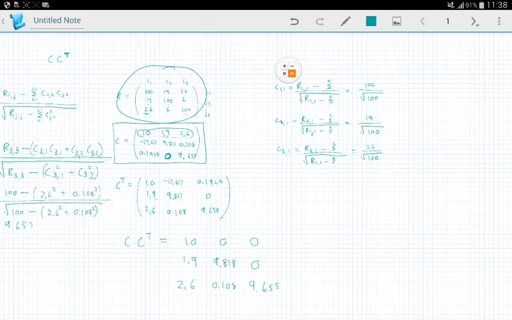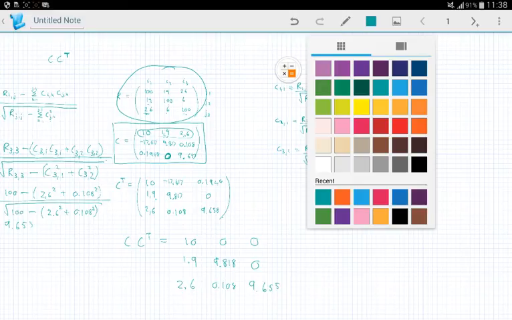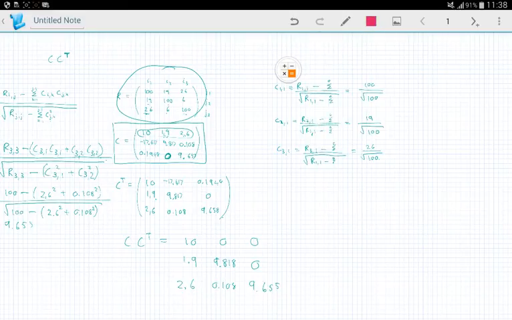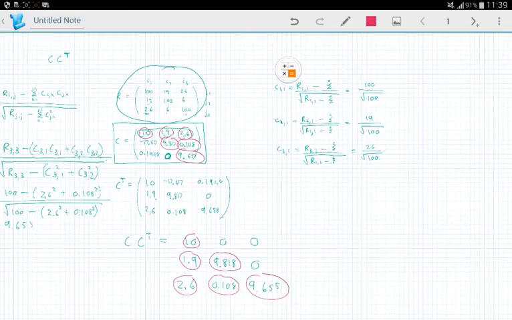So wait, where did we go wrong? Because look at this. We were very, very close. We had the 10. Okay, there's the 10. We had the 1.9. There's the 1.9. We had the 9.817. There's the 9.818. We had the 2.6. There's the 2.6. We had the 0.108. We had the 0.108. We had the 9.655. We have the 9.655 over there.